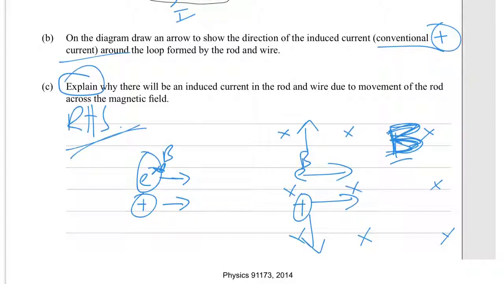The positive charge is actually going up and the electron's going down in this case. And that's shown by the right-hand slap rule. If you search for some cool animations on YouTube, you'll be able to see how a magnetic field seems to open up in space as the moving charge passes through space.